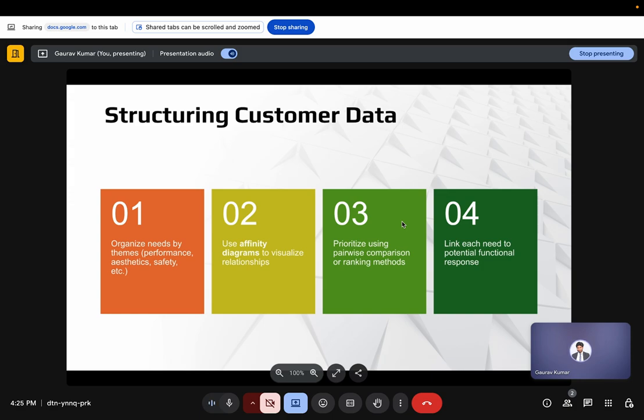So, structuring the customer data. Raw data requires structure, and we cluster needs into themes like function, usability, safety, aesthetics, sustainability to reveal patterns and tensions. Affinity diagrams visualize the relationships, and pairwise comparisons, like AHP, prioritize them with discipline.